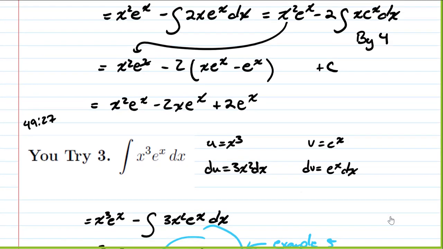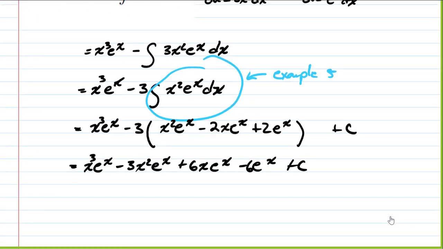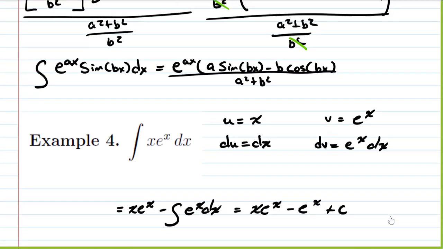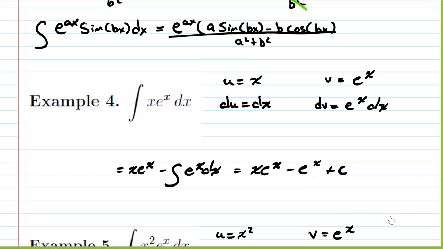So each time we did integration by parts, what happened? It reduced the degree of the polynomial by 1 because we took its derivative, until we would finally get down to what happened in our very first example, where our new integral didn't have a polynomial at all. It just had an e to the x in it, right? So we may have to do integration by parts more than 1 time in any given problem.